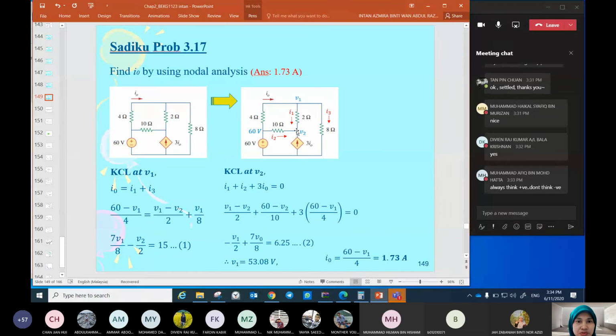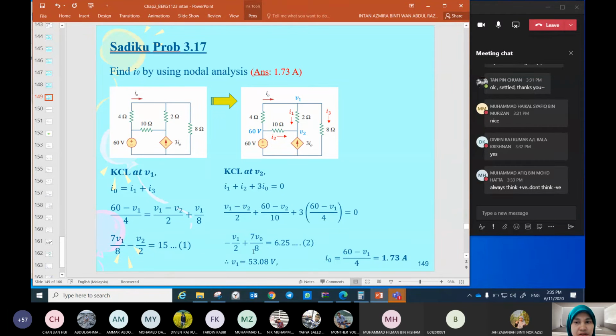KCL at V2, we have 3 branches at V2, meaning that you will have 3 terms in your equation. So I1 plus I2 plus 3 I0 is equal to 0. I1 is equal to V1 minus V2 over 2. I2 is equal to 60 minus V2 over 10, plus 3 I0. Please substitute I0. I0 is equal to 60 minus V1 over 4.